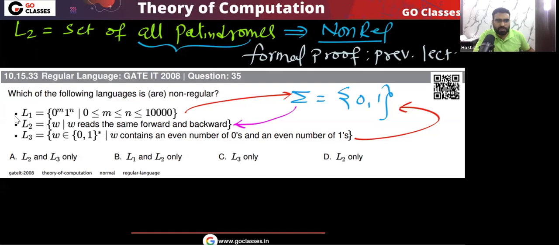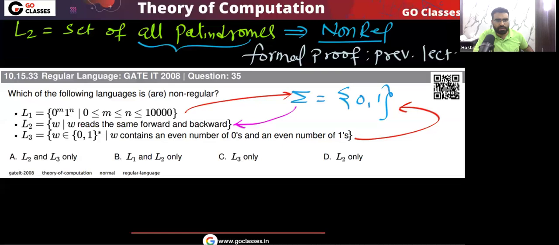For example, this L3, or maybe you can look at L1. What about L1? L1 is a finite language, yes or no? Look at L1. L1 is 0 power m, 1 power n, where m is less than or equal to n, and n is less than or equal to 10,000, and this is greater than or equal to 0. This is actually a finite language.